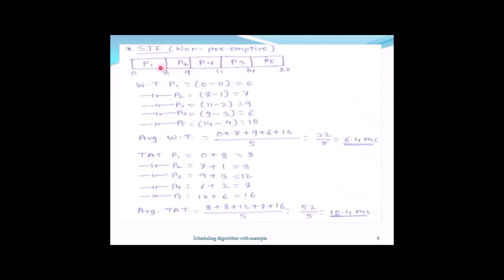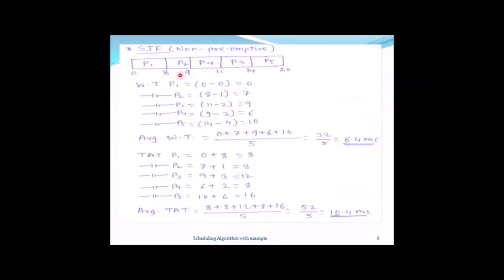If we observe the information given in the problem, by the completion of process P1, all processes have arrived. Now, here we are only going to check the burst time of the processes. The process which has the smallest burst time will get scheduled first.